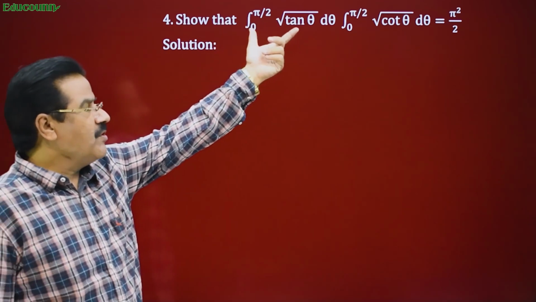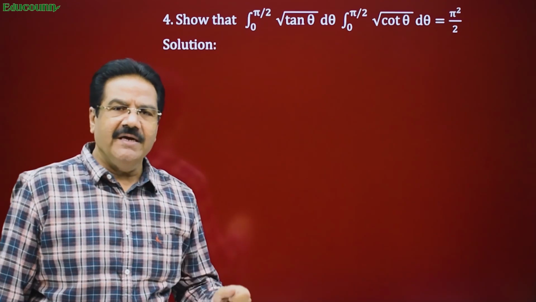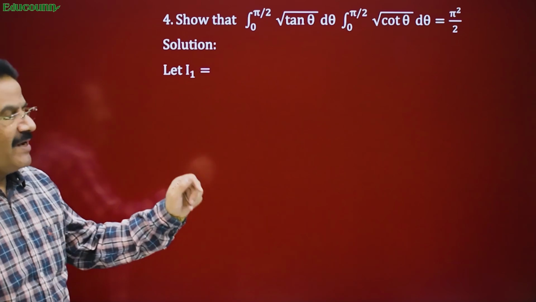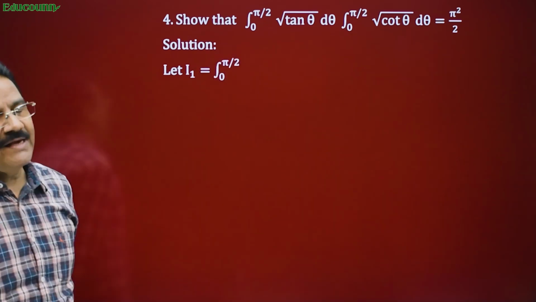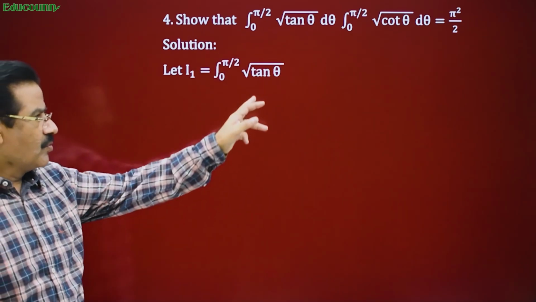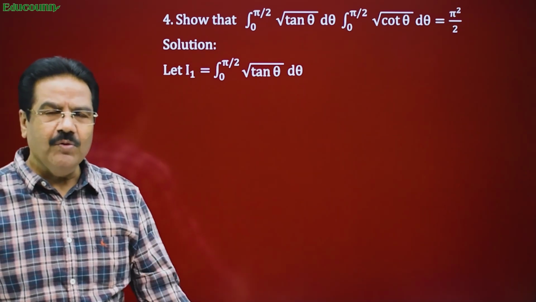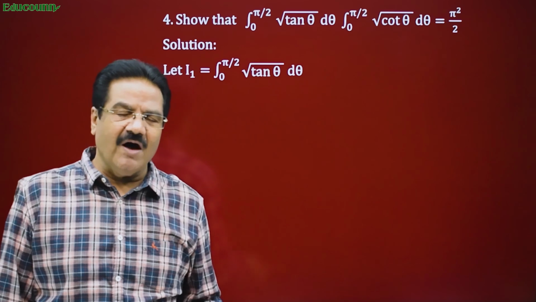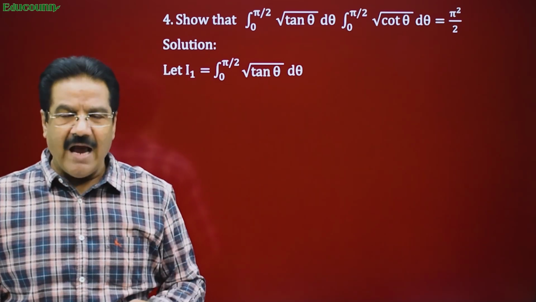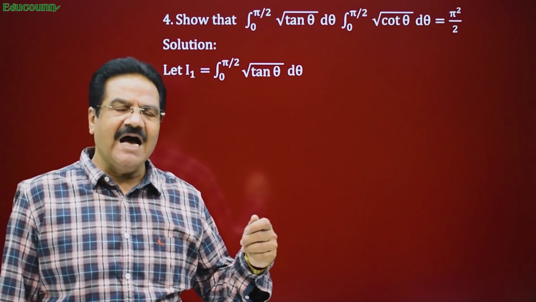We are going to assume this first integration is equal to I1. So let I1 be equal to the integral from 0 to pi by 2 of root of tan theta d theta. Now we are going to convert tan in terms of sine and cos, and root means power is half.